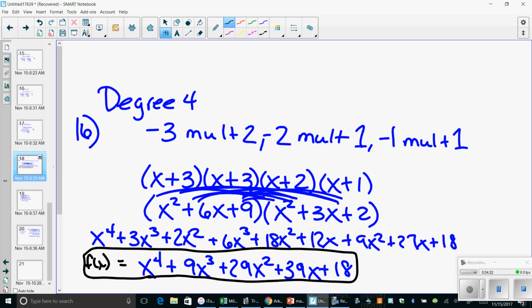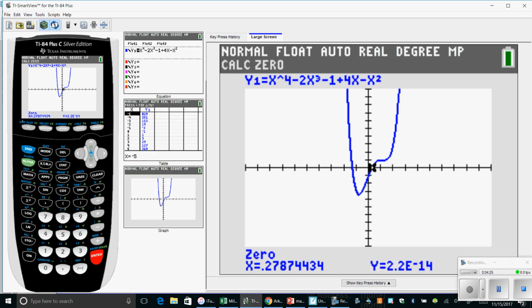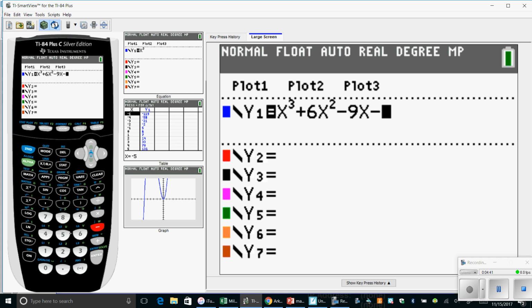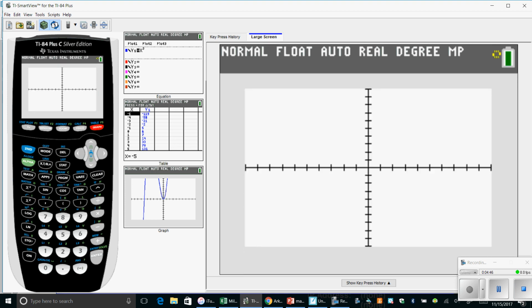Starting with 17, you're going to want to use a calculator. So for 17, the function is x to the third plus 6x squared minus 9x, and then minus 54. You can take a look at the graph.